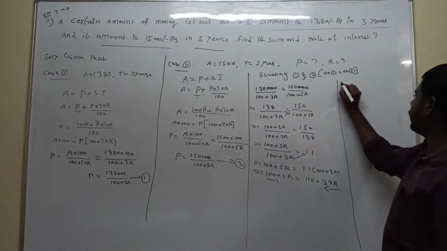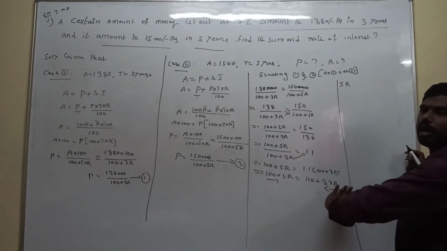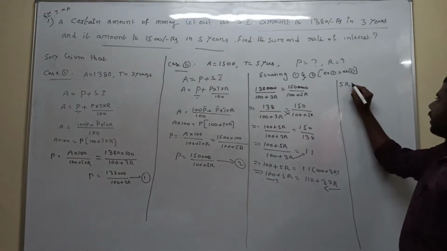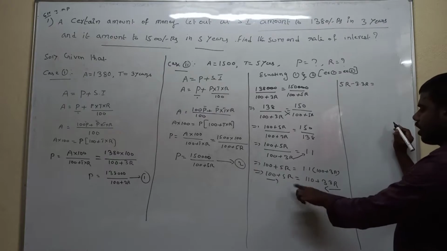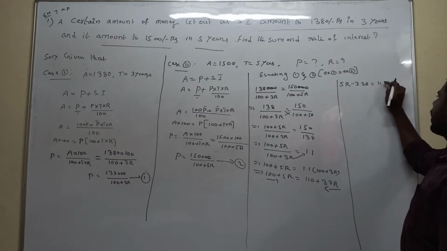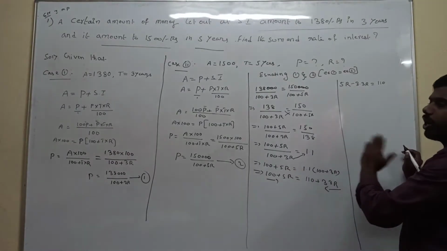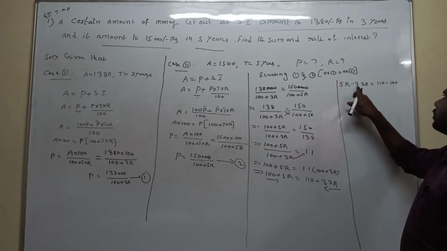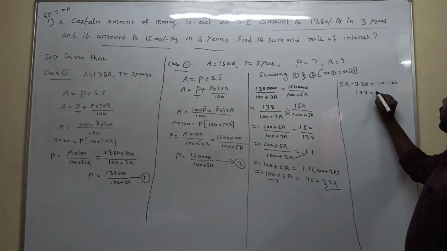So 5R minus 3.3R is equal to the constant 110 minus 100. 5R minus 3.3R is 1.7R, which is equal to 110 minus 100, that is 10.